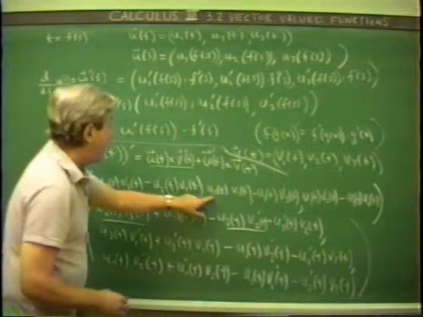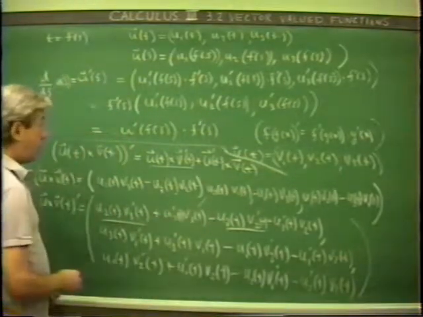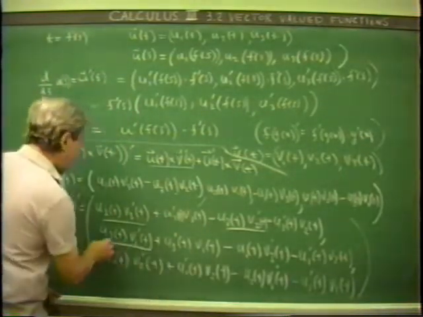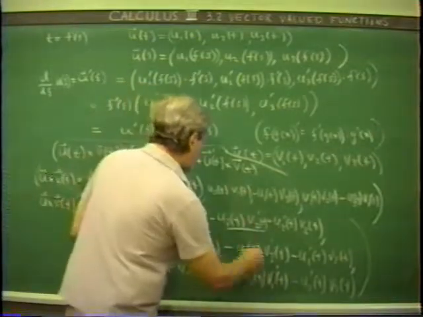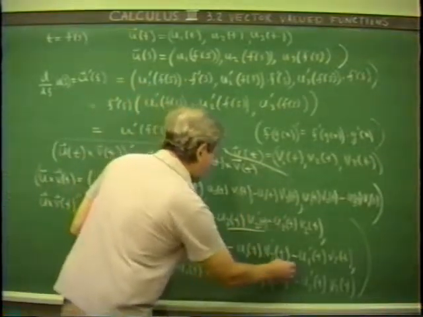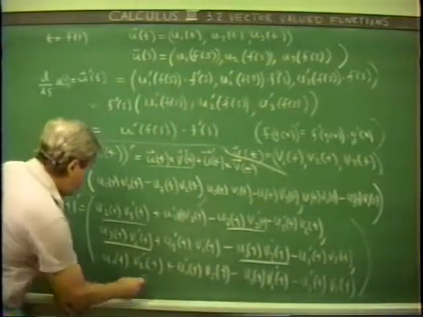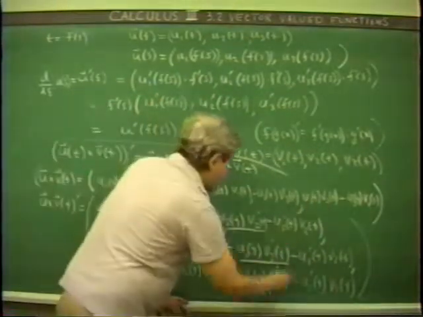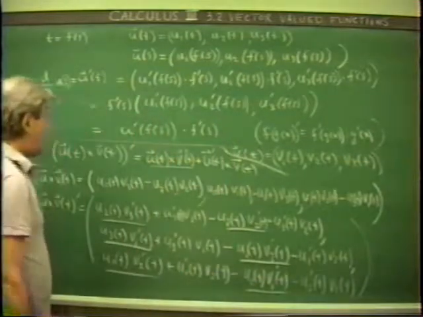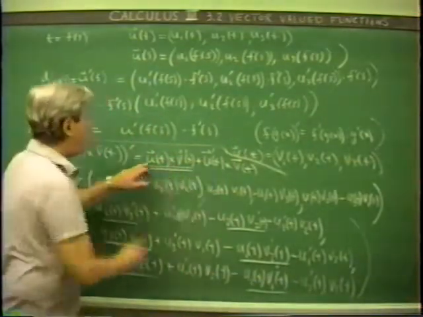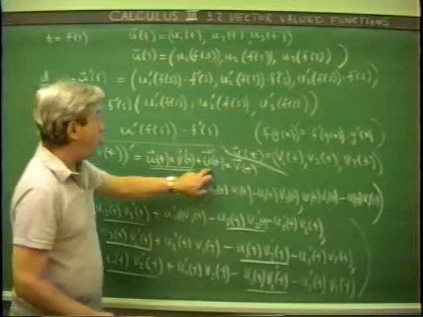The y component is going to have u3 v1 prime, that's here, minus u1 v3 prime, that's here. And the z component is going to have u1 v2 prime minus u2 v1 prime. Right? So that's u crossed with v prime.